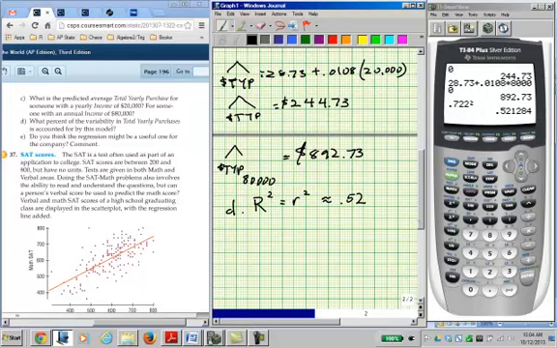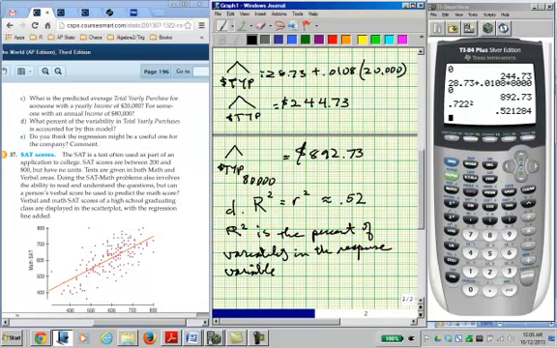So R squared is the percent of variability in the response variable accounted for by the model.